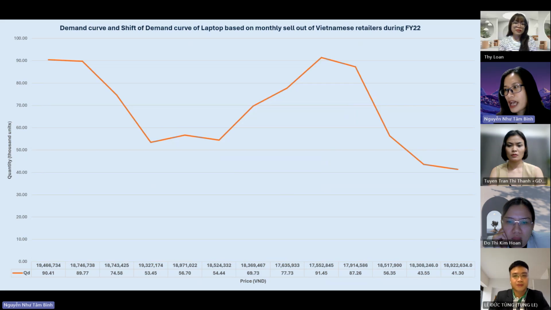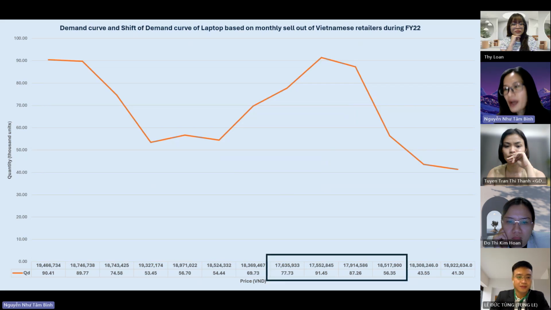Since August, after months of suffering from low demand due to market saturation, retailers must decrease the price to clear stock. And on the occasion of back to school season, the demand became much more elastic.